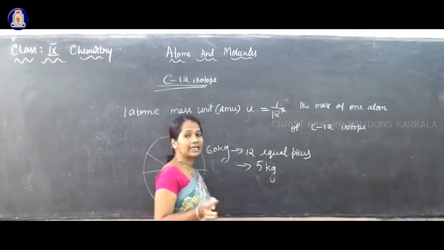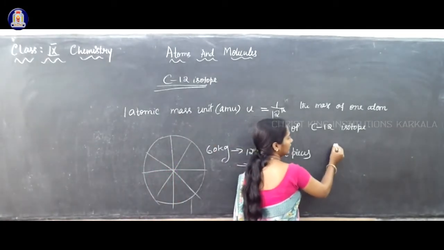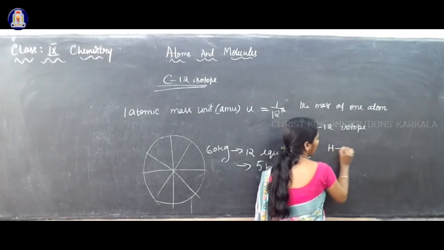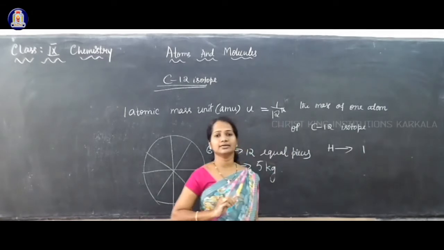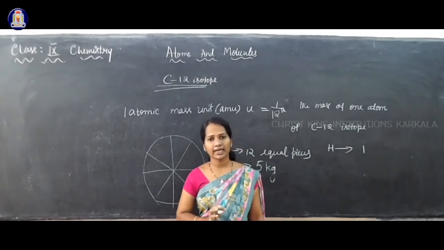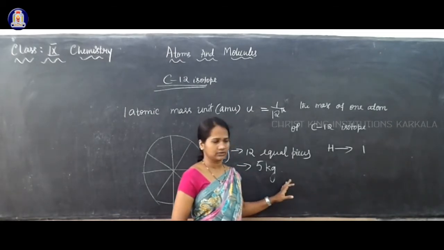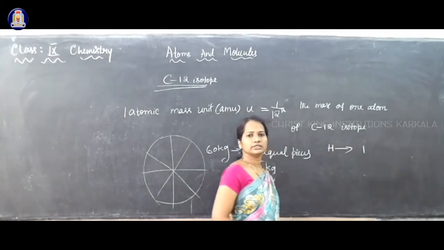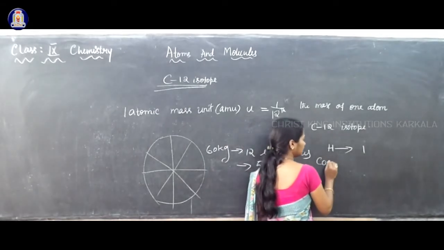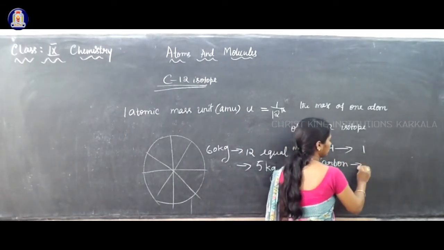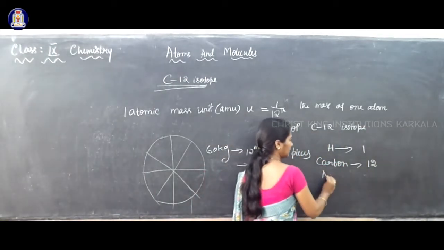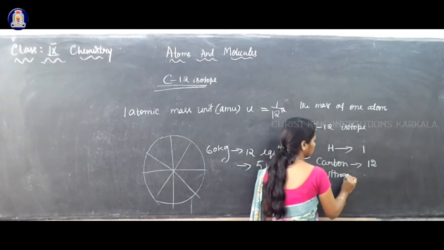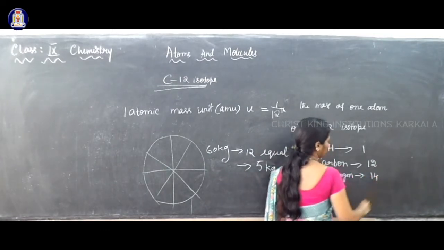For example, if we write the atomic masses of different elements: hydrogen atomic mass is 1. As Dalton said, each element has a characteristic atomic mass. Atomic mass of carbon is 12. Atomic mass of nitrogen is 14.